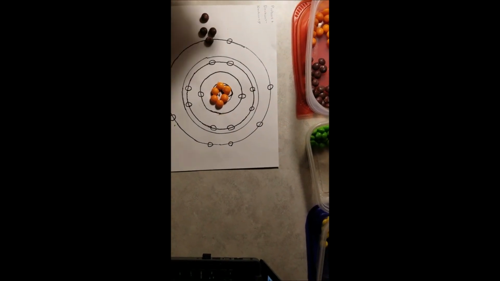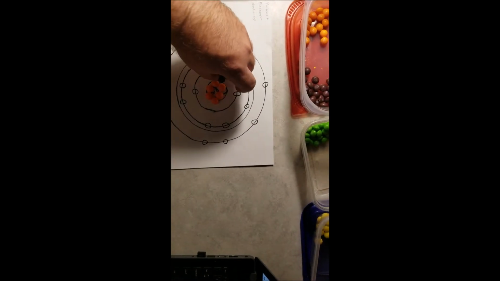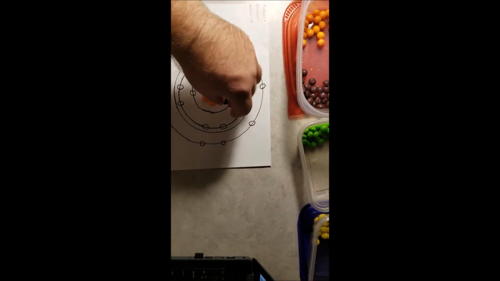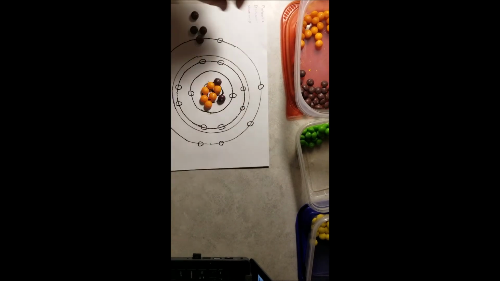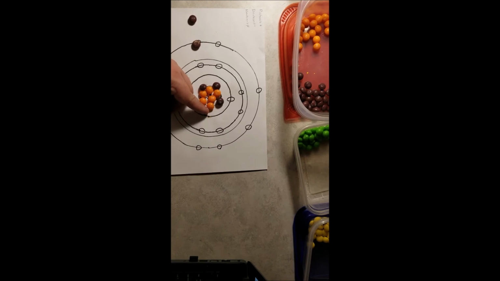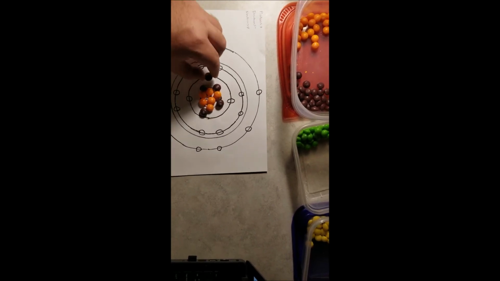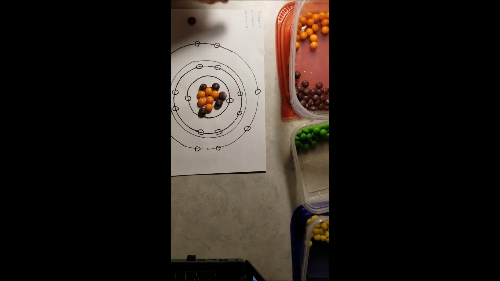1, 2. All right. So that means we need 6 neutrons. And try not to eat these like I've been doing during your lesson. That will come later as the reward. And you don't have to do it nice.